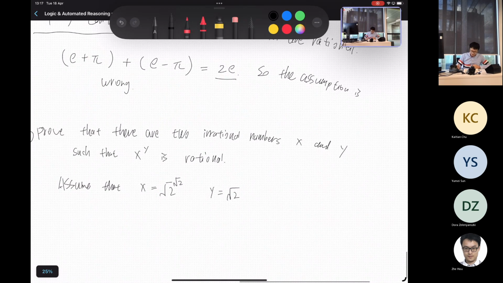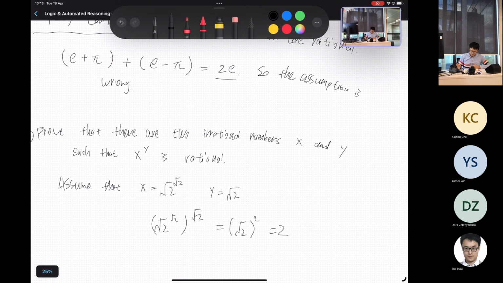So let's consider what is x to the power of y. It would actually be that, which is square root of 2 squared, which is just 2.